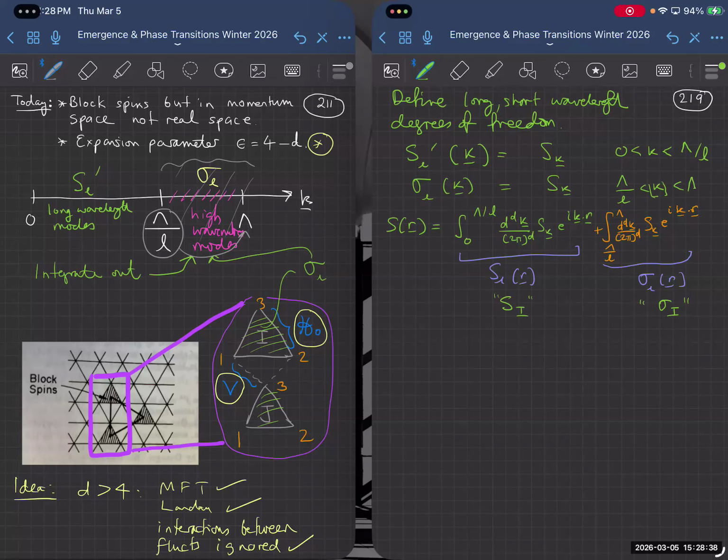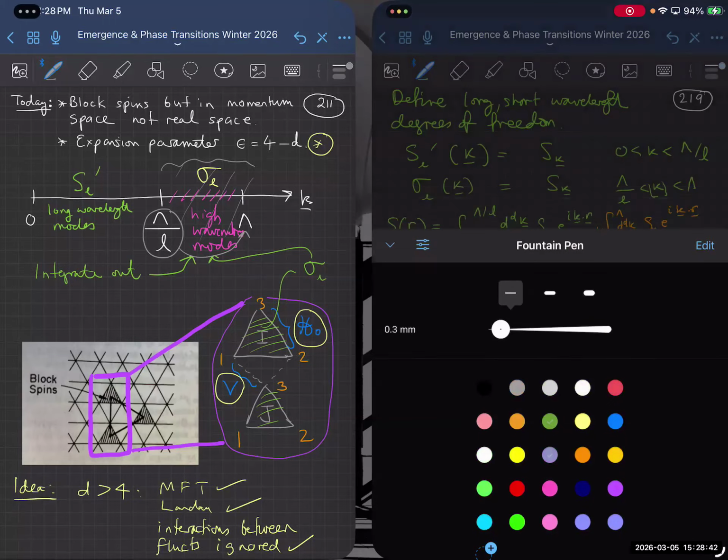Okay, so now let's write down our Hamiltonian in terms of these variables.